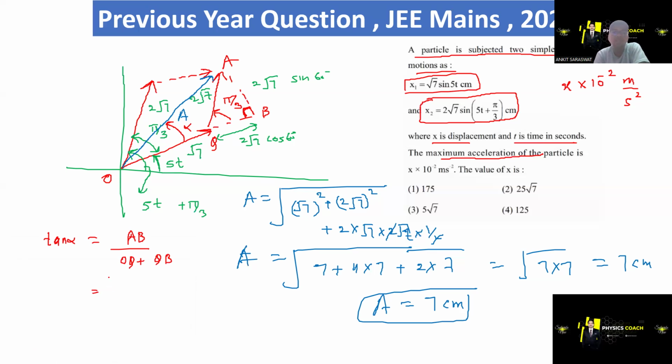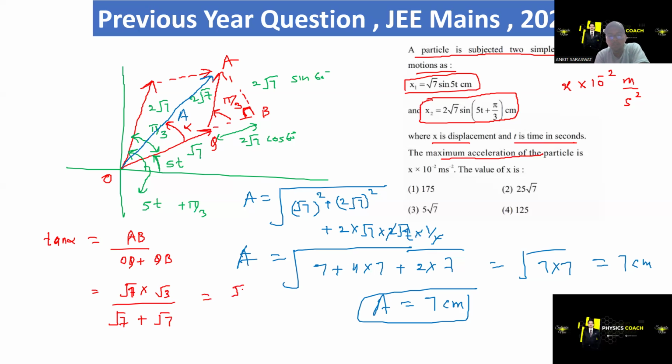AB is 2 root 7 sin 60, and sin 60 is root 3 by 2, so it will be root 7 multiplied by root 3. Clear? OQ is root 7 plus 2 root 7 cos 60. Cos 60 is half, so it will be root 7 plus root 7.